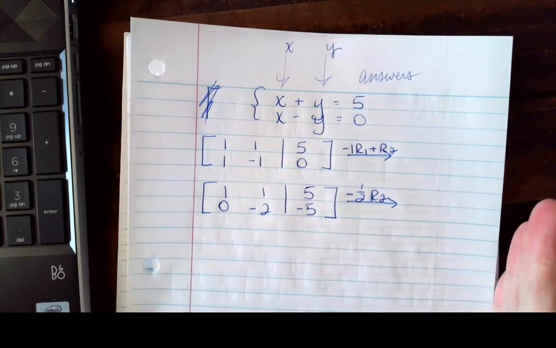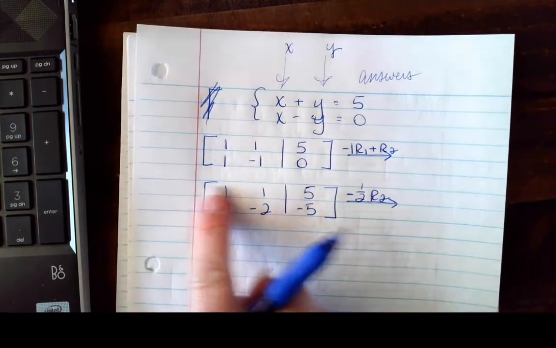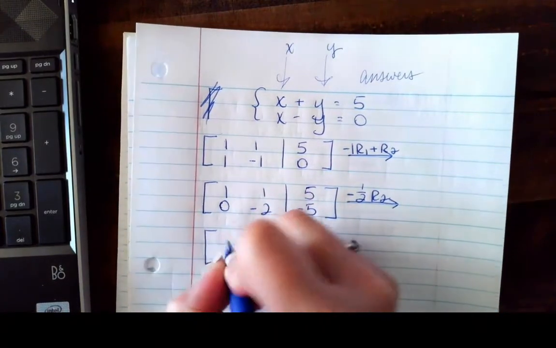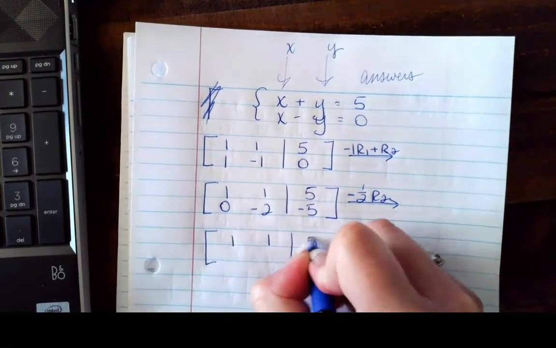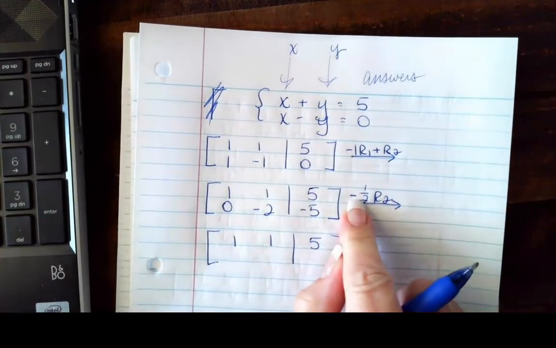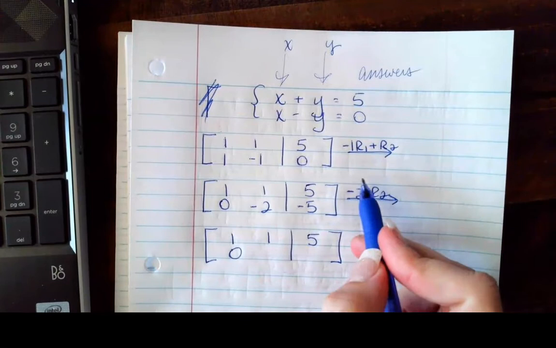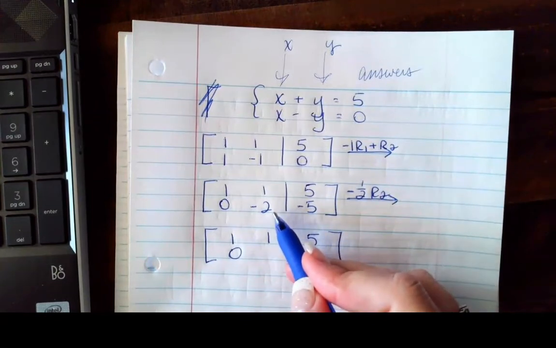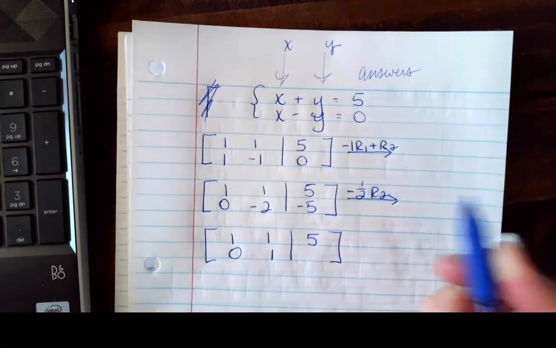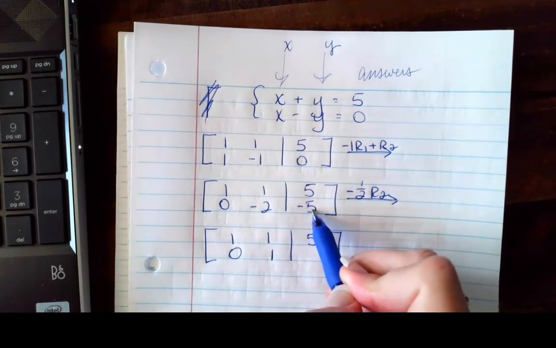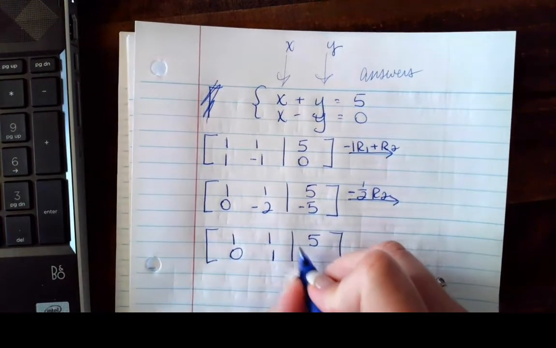It's 1. I'm not even talking about row 1 on this, so I'm just going to rewrite it: 1, 1, 5. And then what is a negative half of 0? It's 0. What is a negative half of negative 2? It's 1. What is a negative half of negative 5? It is 5 halves.